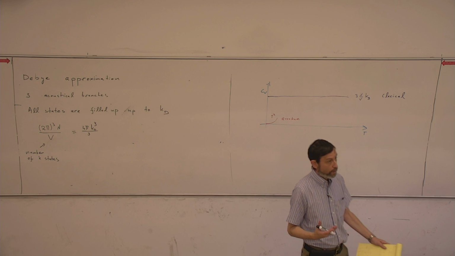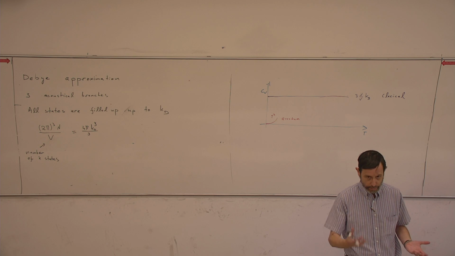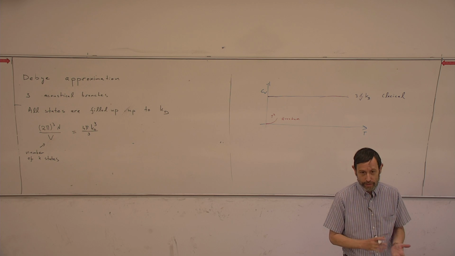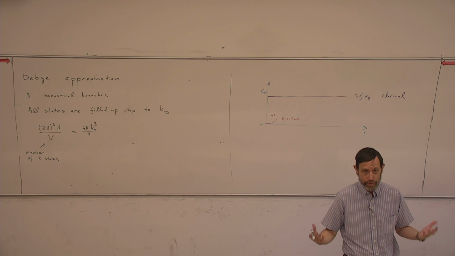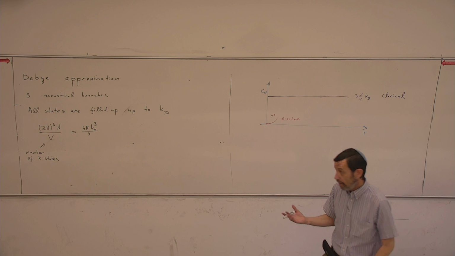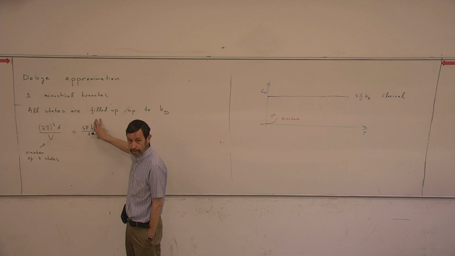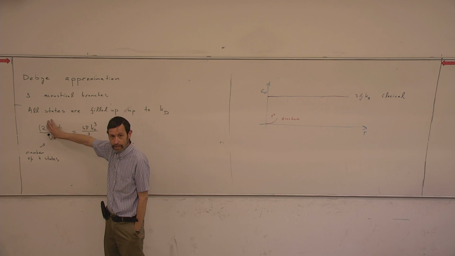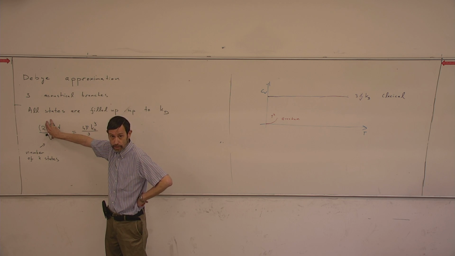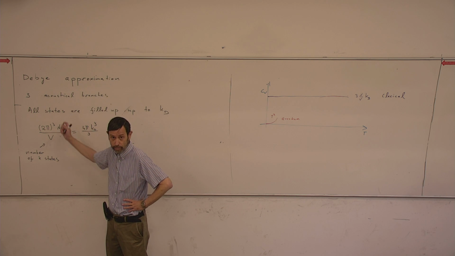I still have to have the same number of phonons, if you want your grand canonical assumption that I have a given number of phonons, but with a crude approximation. So I say the volume within K space that is filled is the volume of degrees of freedom that I have in the system, the number of atoms in the system.